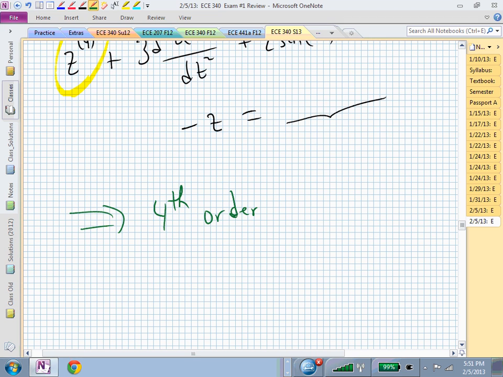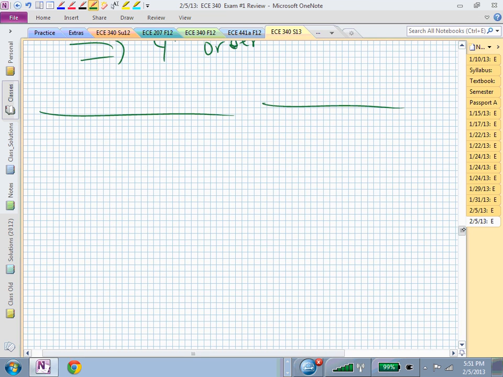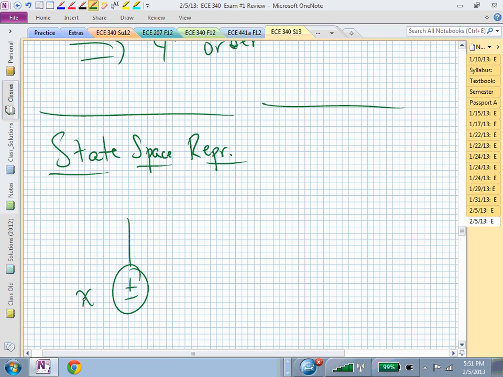Do we want to do a state space? Let's say that we had, suppose somebody gave you the following. They said, here's a voltage source, let's call it x1 of t.